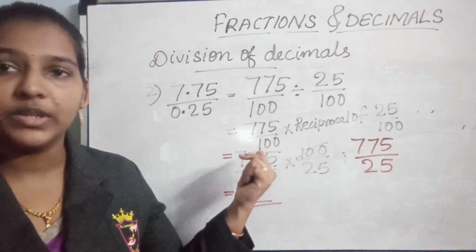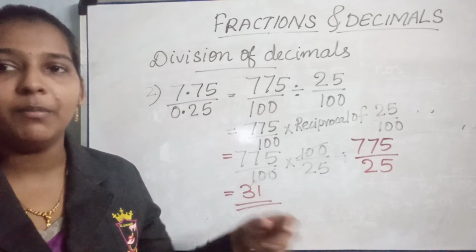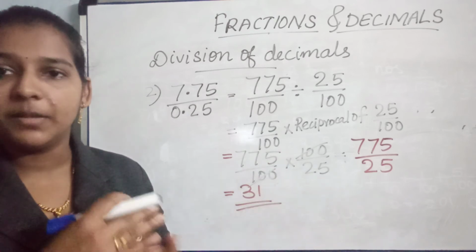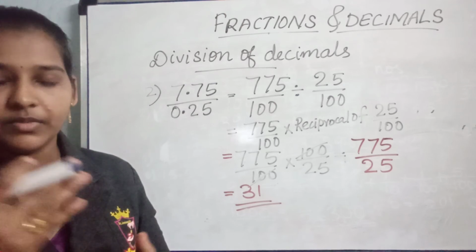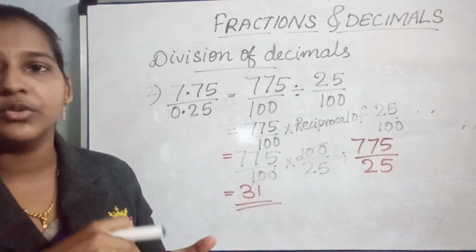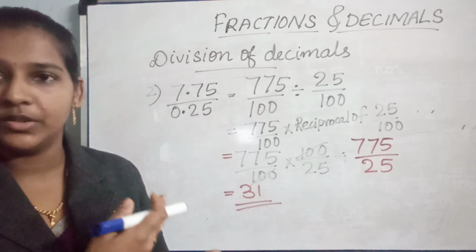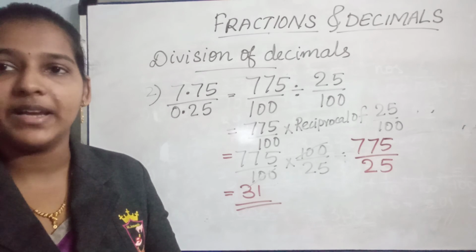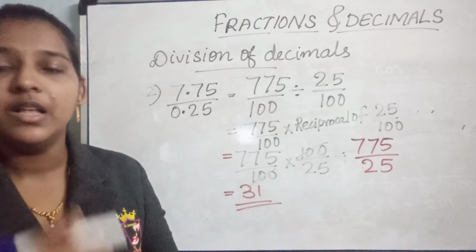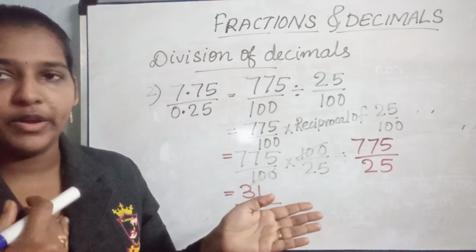And when you are doing the division of a decimal by a whole number, then divide that number, then you count how many places after the point, then according to that you can put the point. And when you are doing the division by 100, 10 or 1000, you can shift the point to the left of that point, okay.